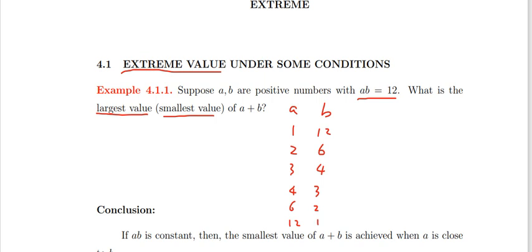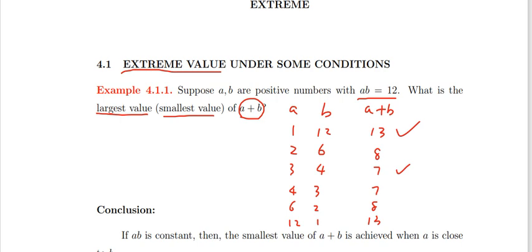So for each case, we can find a plus b. Here a plus b is 13, here it is 8, and here 7. So we can say for a plus b, this is the largest, and this is the smallest.